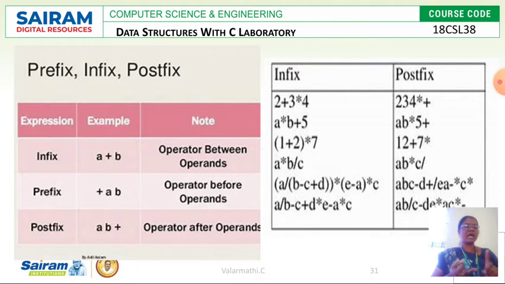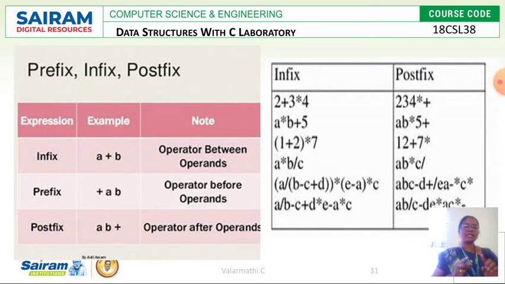Which has the higher priority, plus or star? Between plus and star, star has more priority because star is multiplication. So multiplication should be done before the addition operation. So in this case, the multiplication operator and its operation should be handled first.